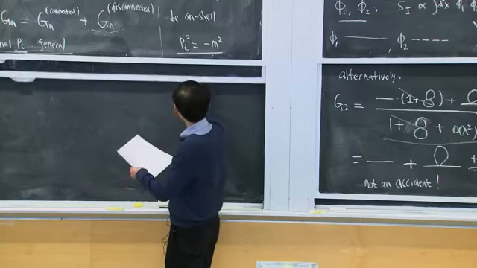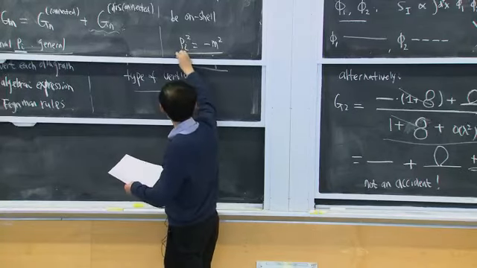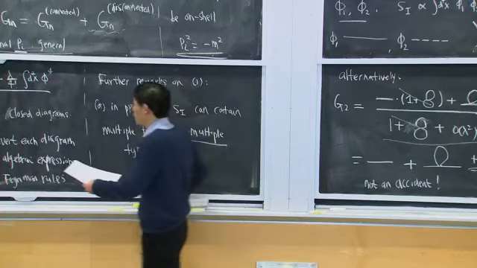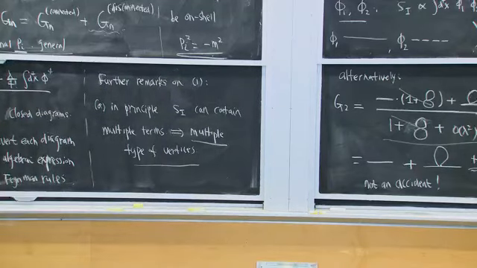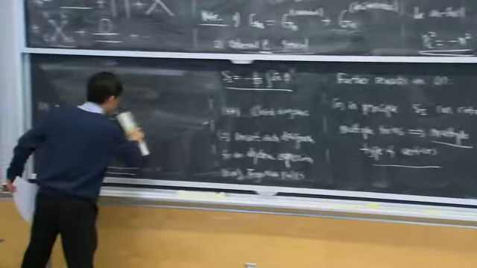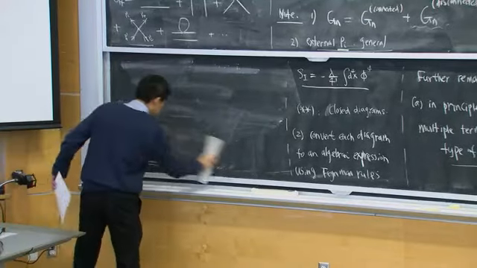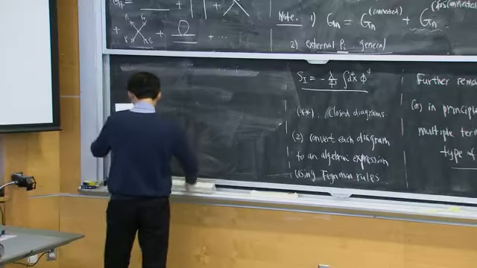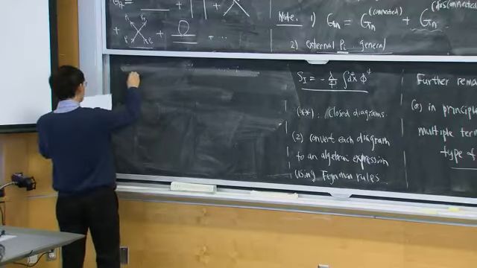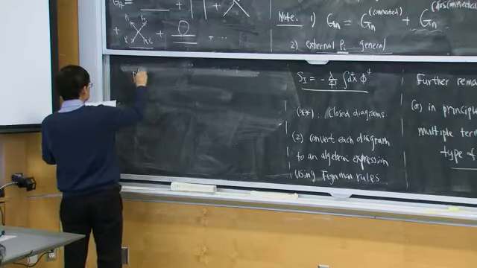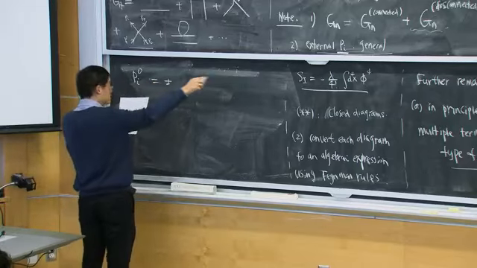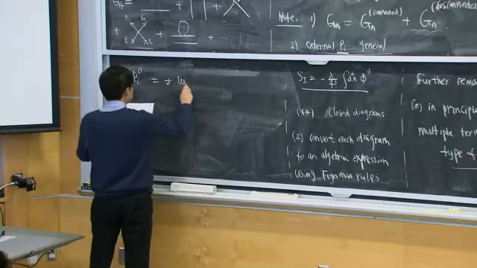But now, if you look at this, there are two possible choices for this equation, because this equation has two solutions. For each Pi, Pi 0 can be either plus or minus omega Pi.